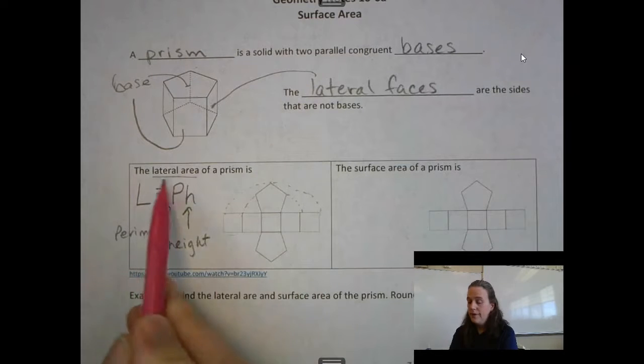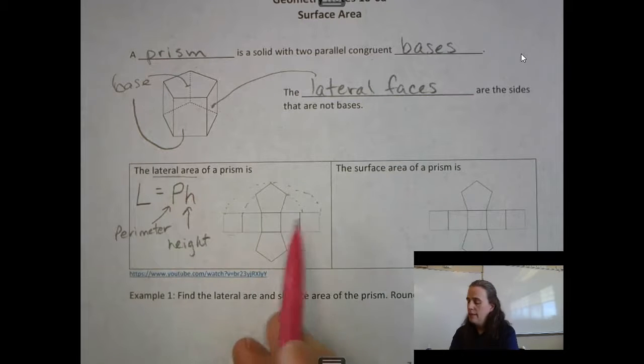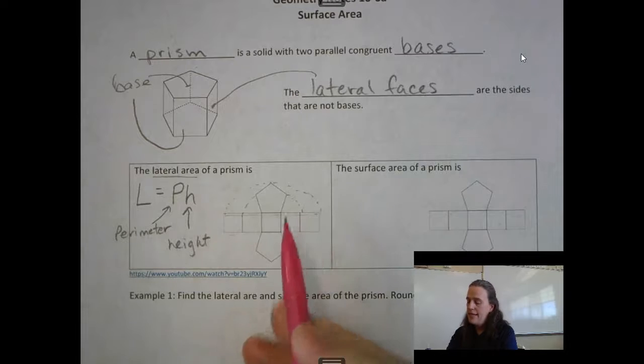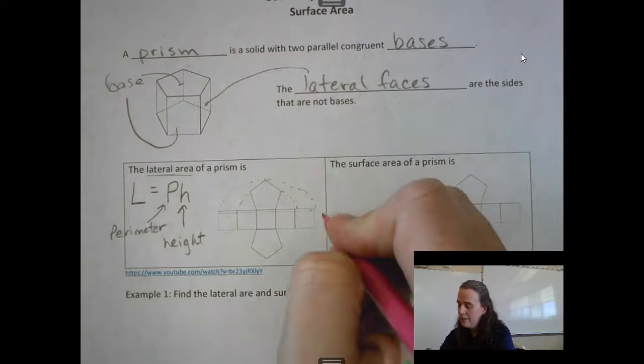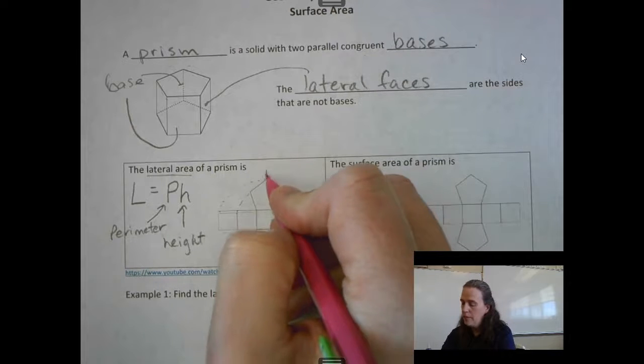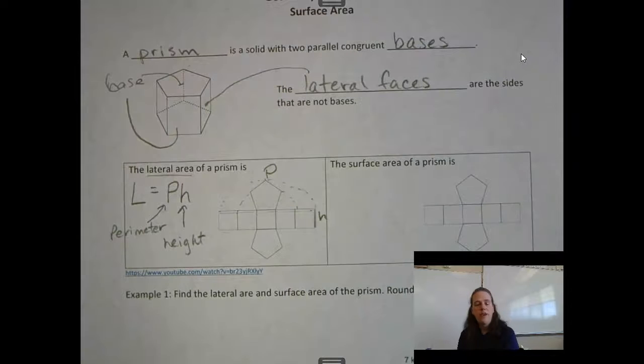And we're looking for the lateral area, so just the area of that long rectangle. So perimeter gives us this side, and then the height gives us this side. I'm going to put a capital P up here for this one, and h here. That's how you can find the lateral area of a prism: the perimeter of whatever that special base shape is times the height of the prism.